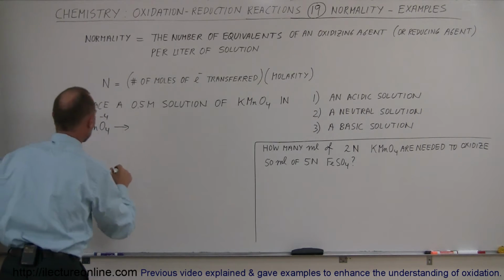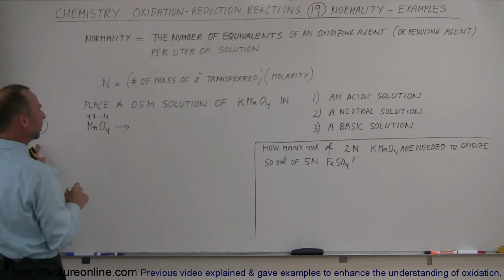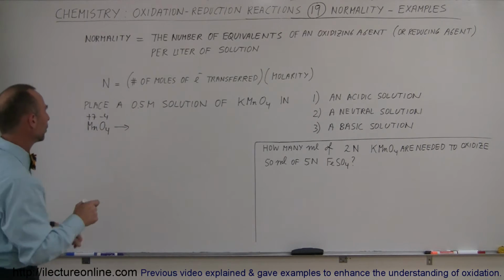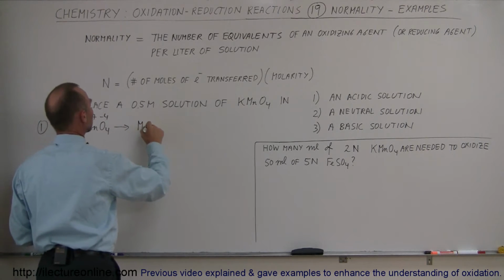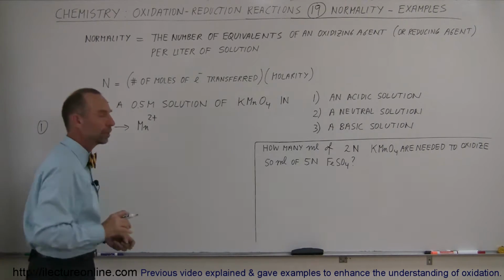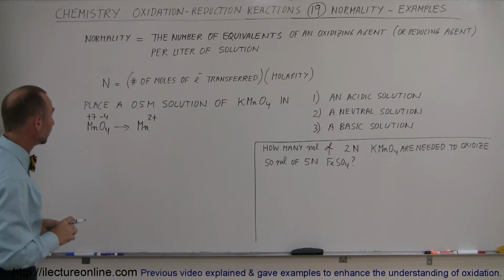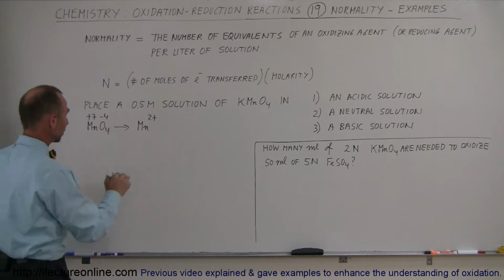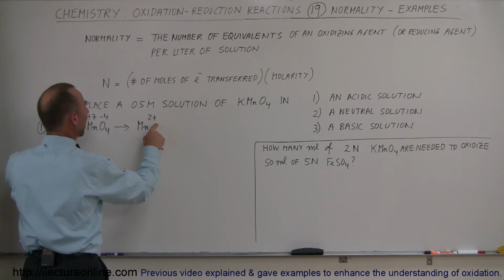And in an acidic solution, so in solution number 1, it will go to just the manganese ion at a 2+ state, and so the difference in the oxidation state, or the oxidation number, is a difference of 5.